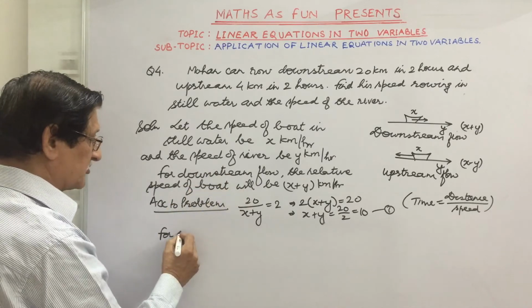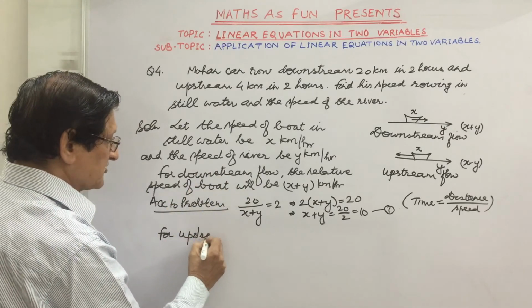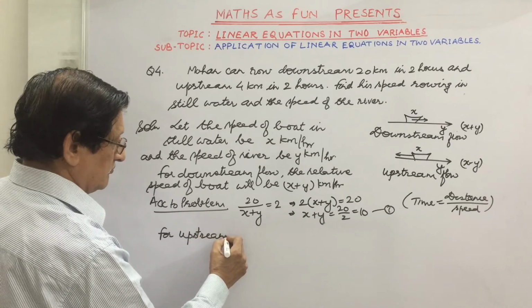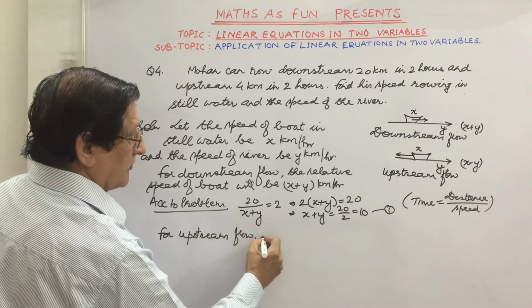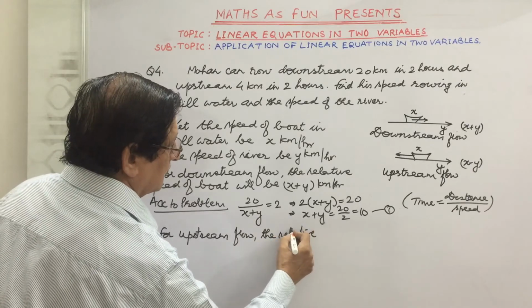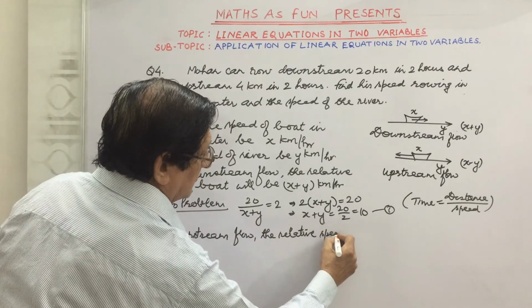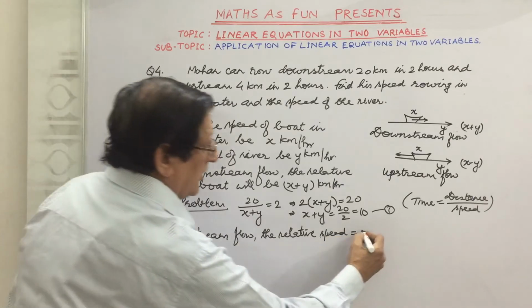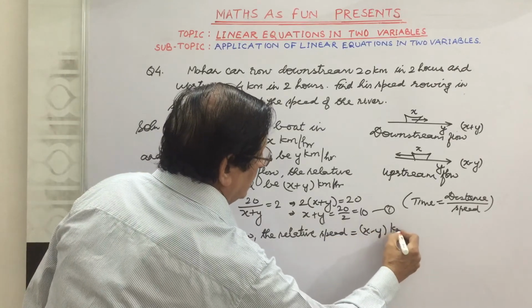Now we are going for upstream. For upstream flow, the relative speed is equal to x minus y kilometers per hour.